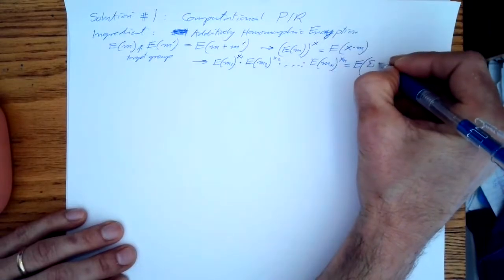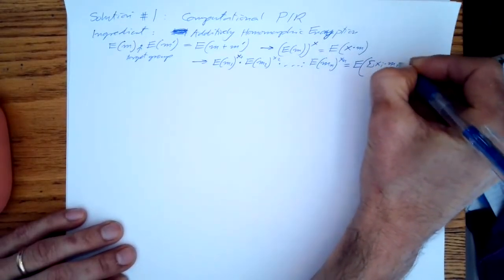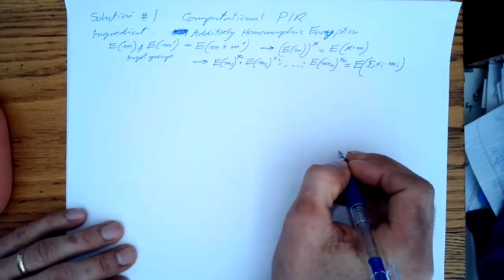So this is a summation of x_i m_i products.